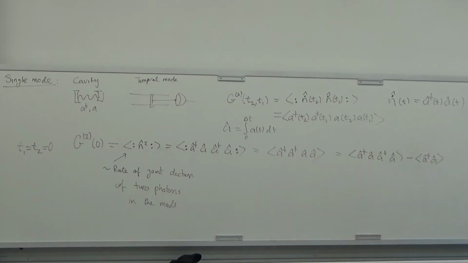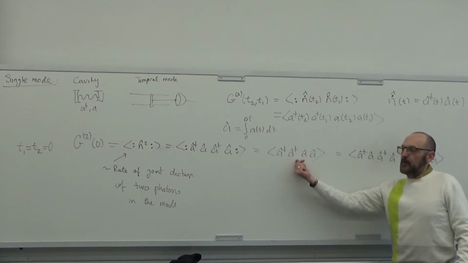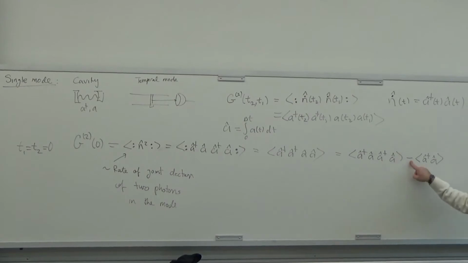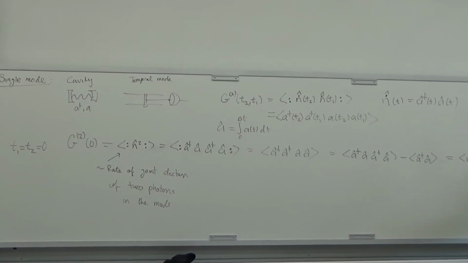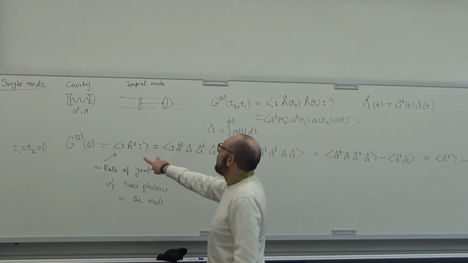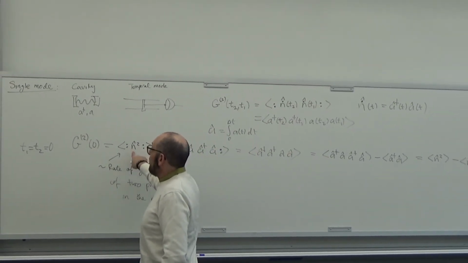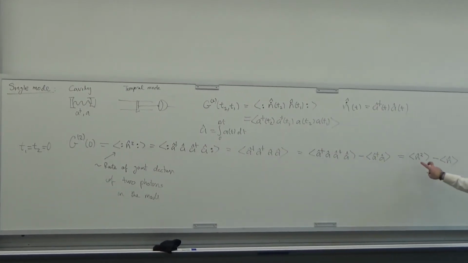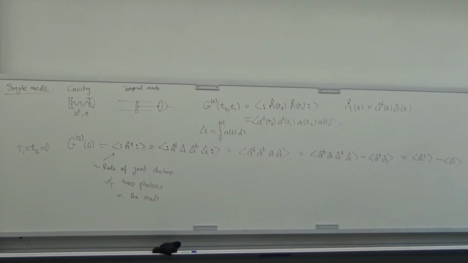I just commuted A dagger with A. The commutator of A dagger with A is -1. So this is equal to n squared minus n. So the expected value of the normally ordered n squared is equal to the expectation of n squared minus the expectation of n.